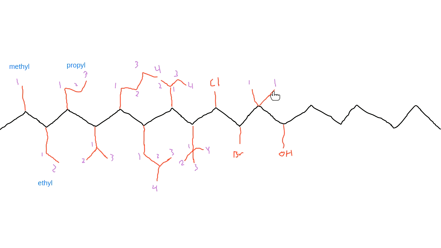So I put 1, 1 to show that this substituent has 1 carbon here, and this substituent has 1 carbon here. This carbon has 2 separate substituents. They're the same because they only have 1 carbon, but they have 2 separate substituents. I put this to explain that you could have 2 substituents on 1 carbon.